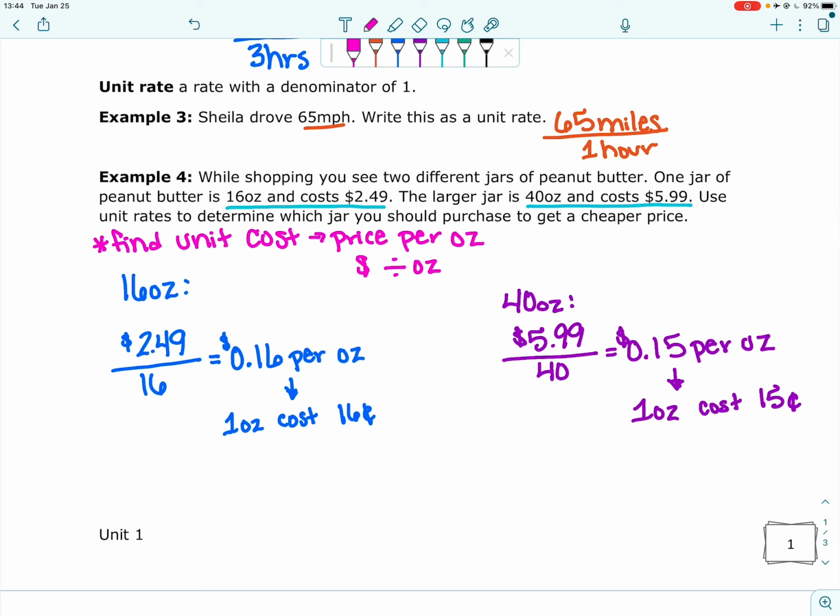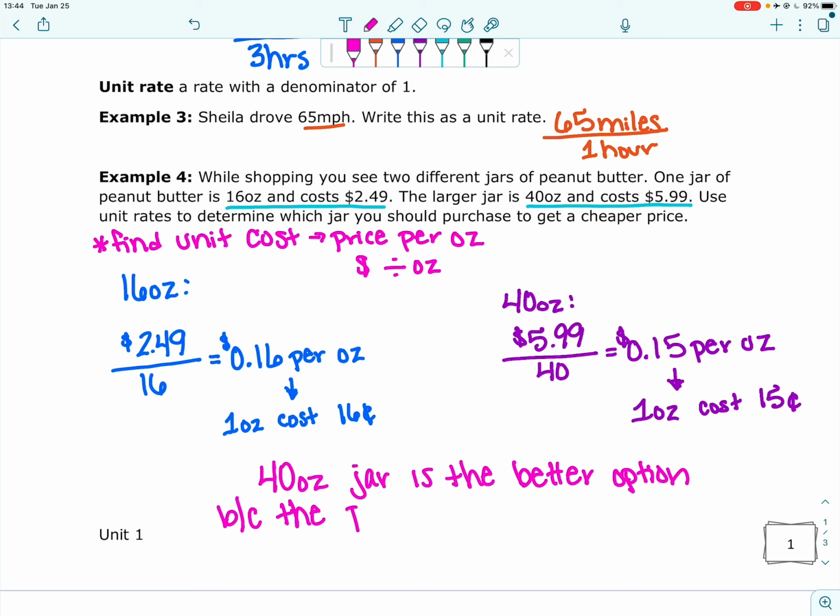So the 40-ounce jar is the better option because the price per ounce is cheaper.